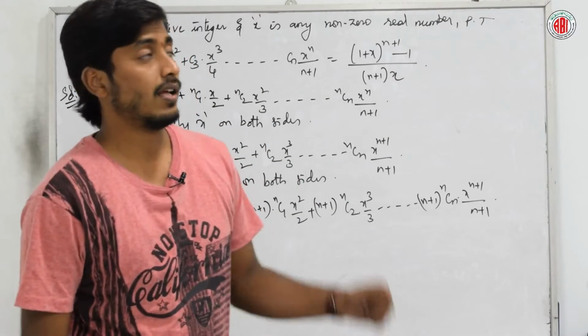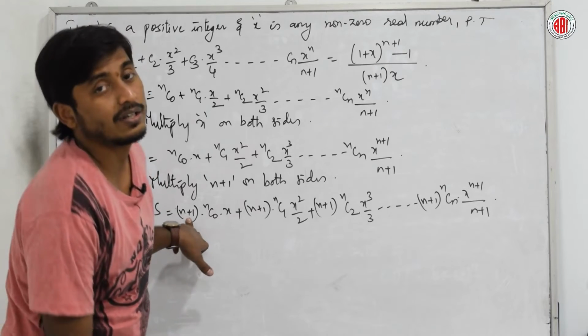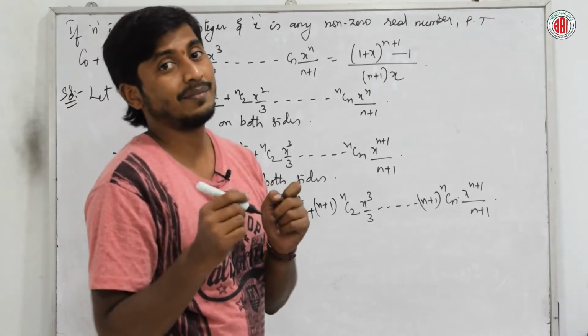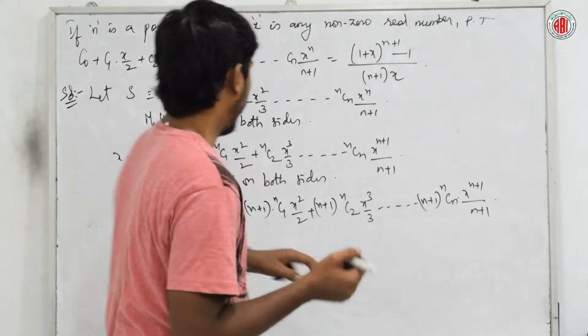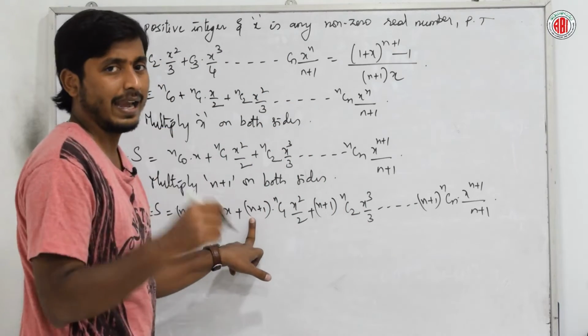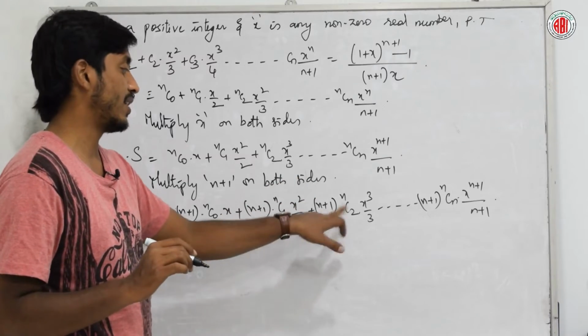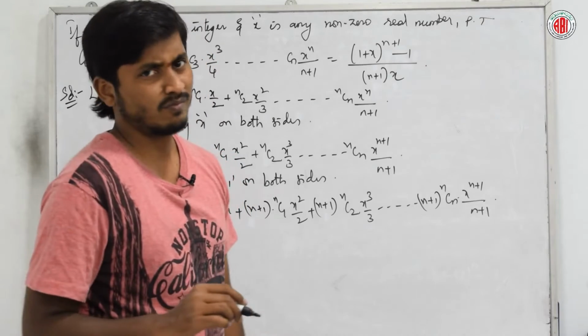Is it right? Now see here, if you observe, n plus 1 into nC0, what does it become? n plus 1 into n factorial, which is nothing but n plus 1 factorial. Yes or no? And here also n plus 1 into n divided by everything. Again this will be n plus 1 C1, this is n plus 1 C2, that will be n plus 1 Cn.